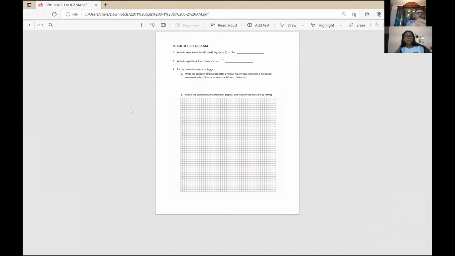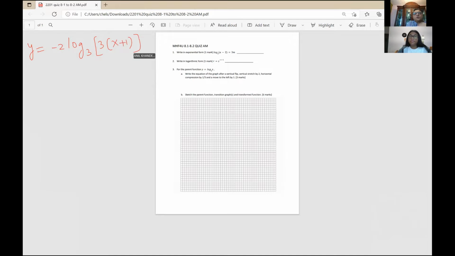So we have to sketch the function y equals minus 2 log to the base 3 of 3x plus 1, plus 1.